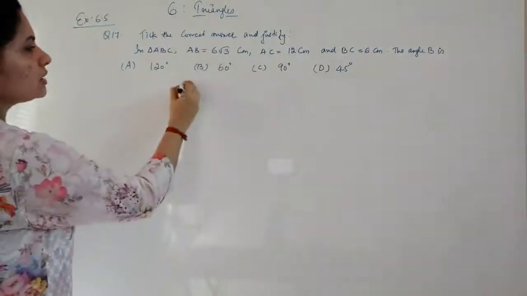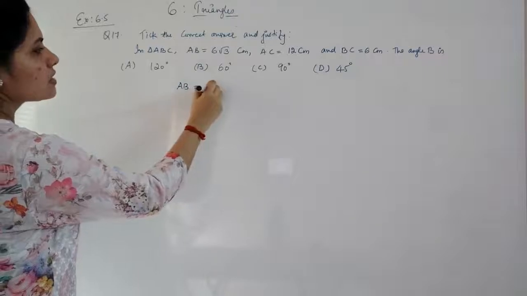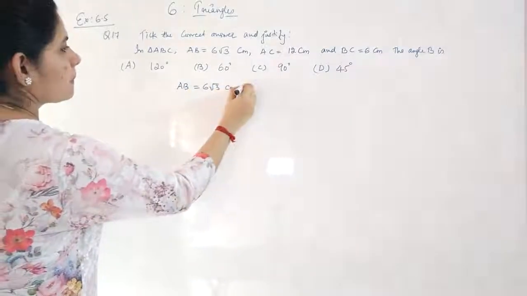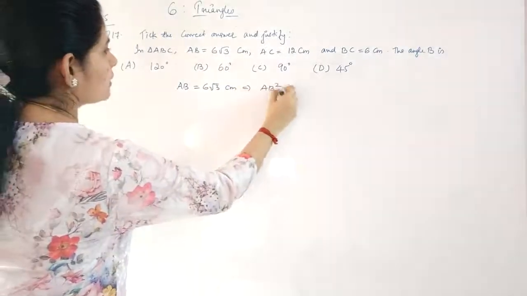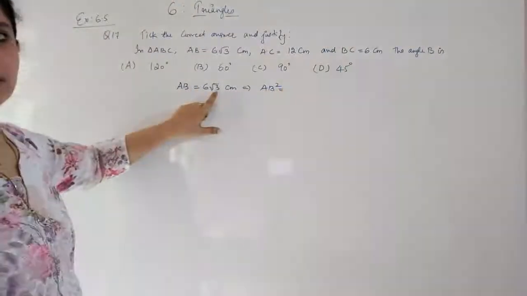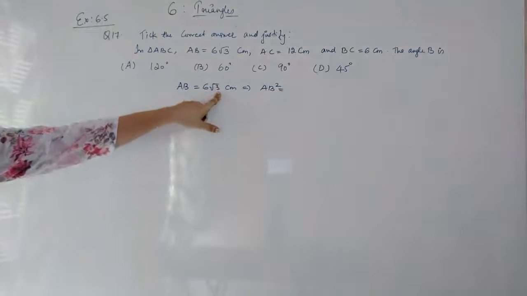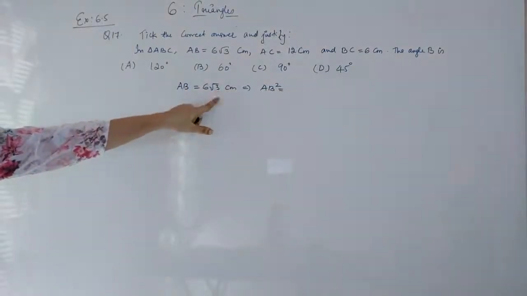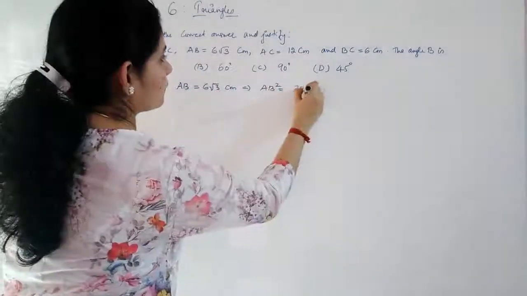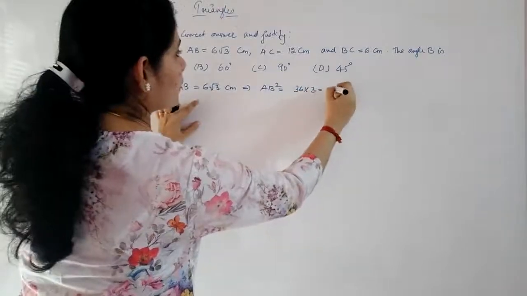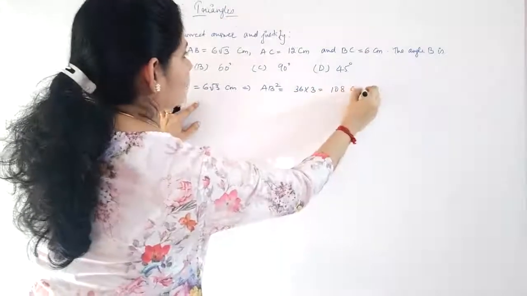So what is AB? 6 root 3. So what will be AB square? It is 36 into 3, which will give you 108.